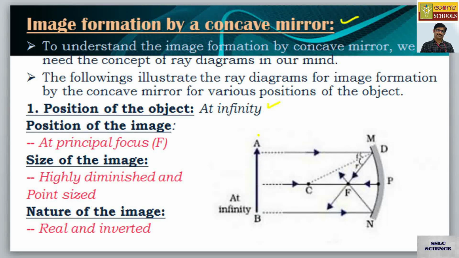So when you keep AB at the position of infinity, the light ray which is coming, after hitting the surface, must pass through the principal axis. The rule says that the light ray which is parallel to the principal axis should pass through the principal focus F. So from point A, the ray of light is moving in this direction.